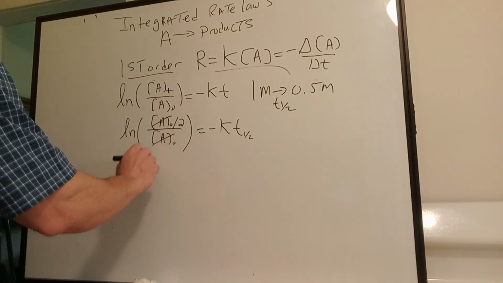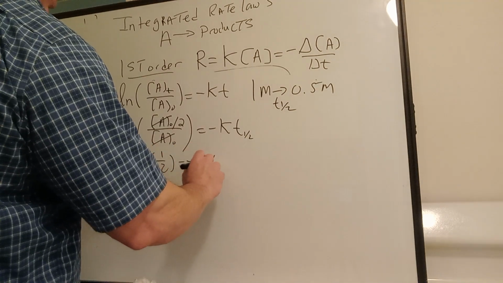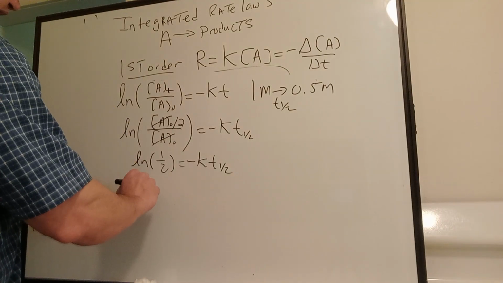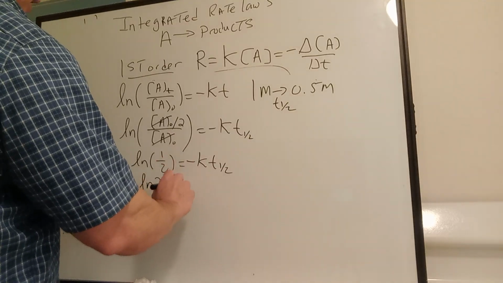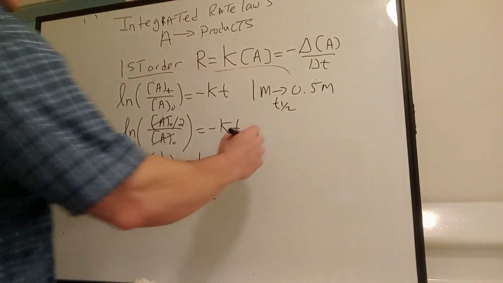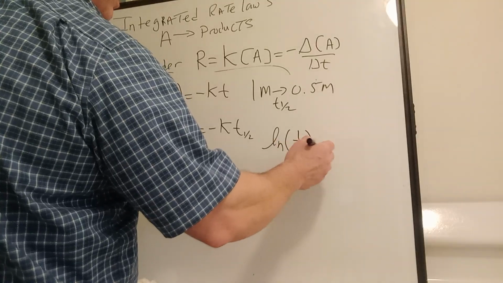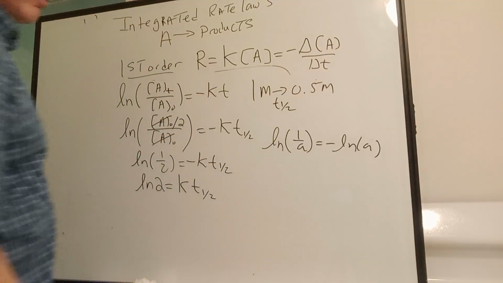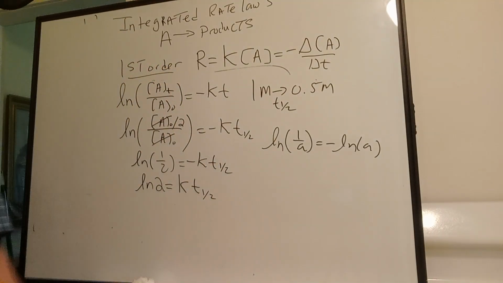It's giving you ln of 1/2 is equal to minus kt 1/2. By algebra rules, that means ln of 2 is equal to not negative kt 1/2, but kt 1/2. I'm using that algebraic property that ln of 1 over a is equal to negative ln of a. That's a logarithmic property you should remember from basic algebra.